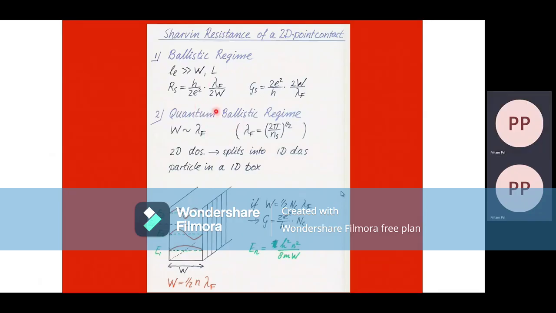In other words, the two-dimensional density of states in the leads of the two-dimensional electron gas splits into 1D subbands, starting from the first subband, then the second subband and third subband, and so on. So these subbands get occupied as the constriction is opened.